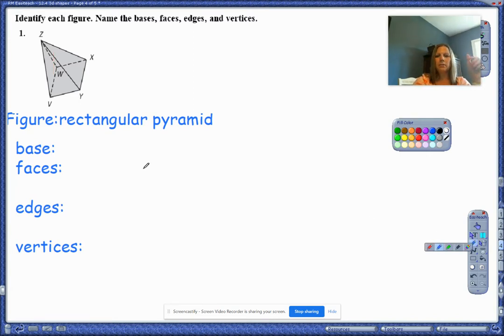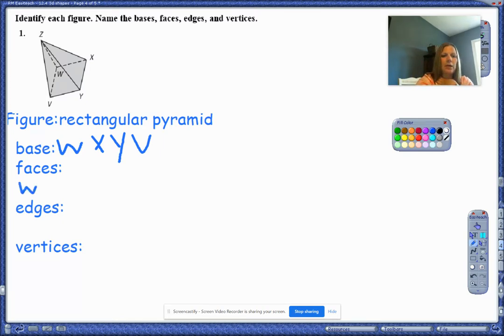So here, I'm going to label that. I don't know why this isn't working. So W, X, Y, V. My faces, I have 5 faces, the 4 triangles, and then the base.